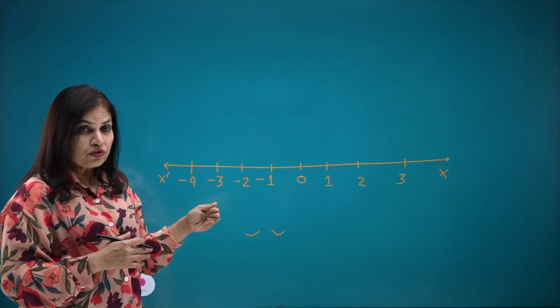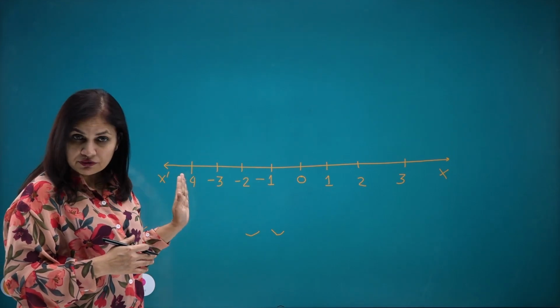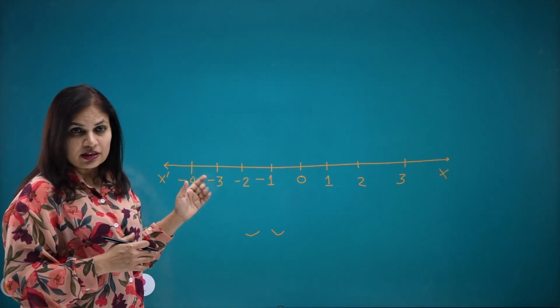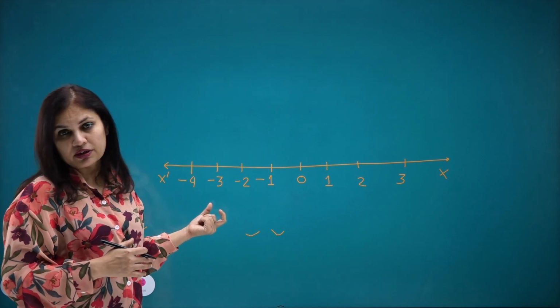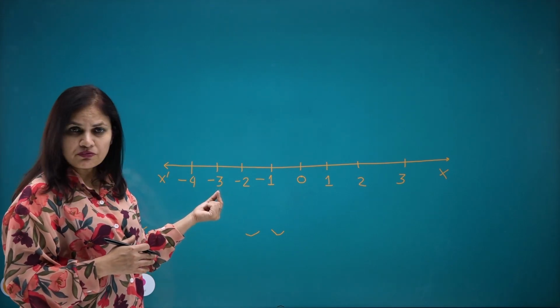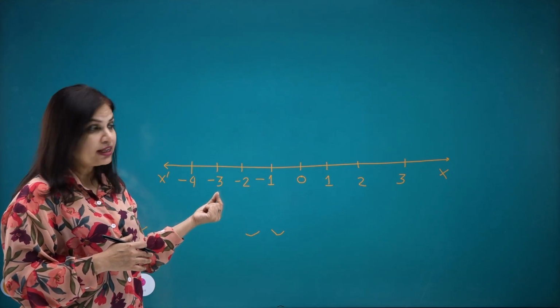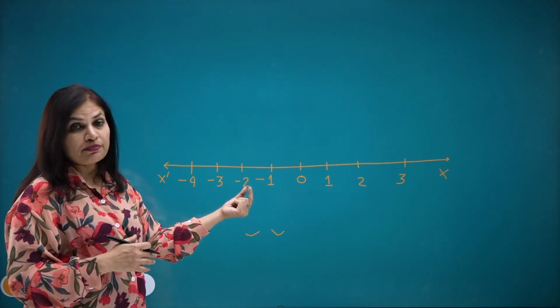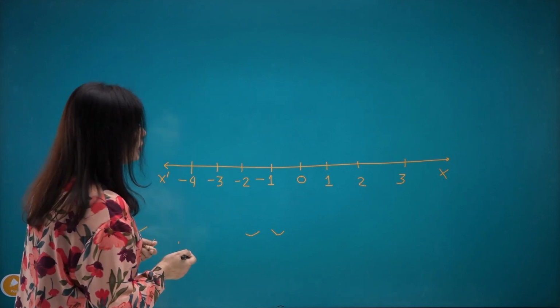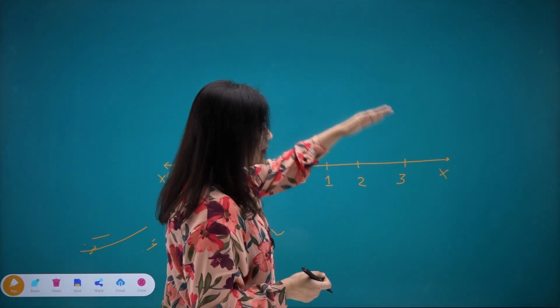As the absolute value towards the left of the number line increases, the value of the number decreases. So the absolute value of minus 3 is 3, because 3 steps to the left is obviously less than 2 steps to the left.